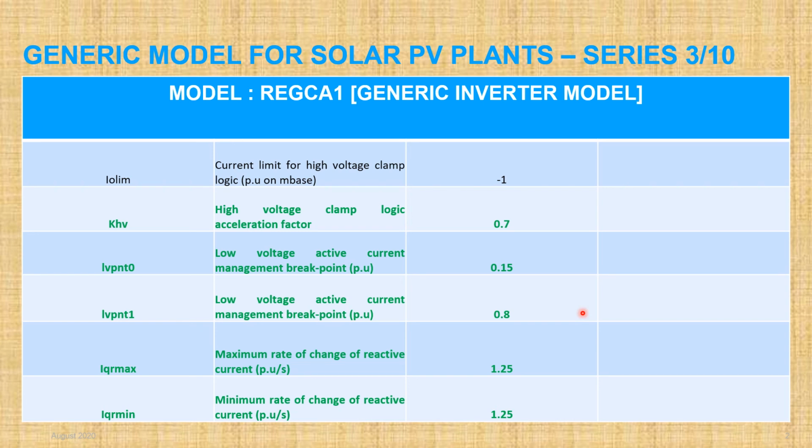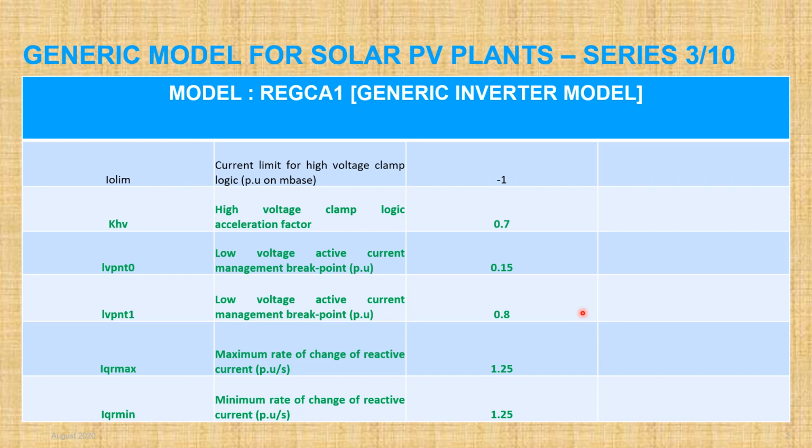And in the previous slide we already discussed at what point it will stop injecting, that is the normal voltage range of the inverter terminal, as per the requirement of the grid code or the power purchase agreement, whatever it is. So at 0.9 per unit, it will stop injecting.